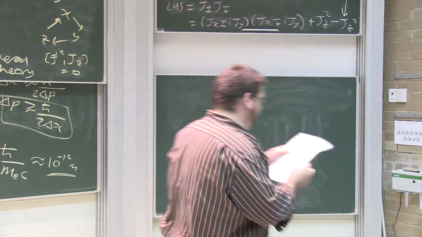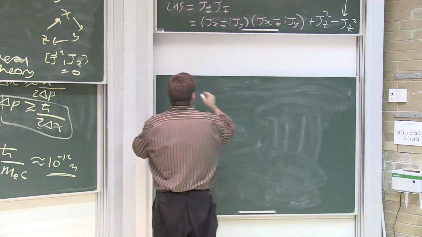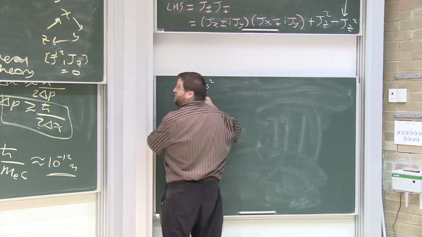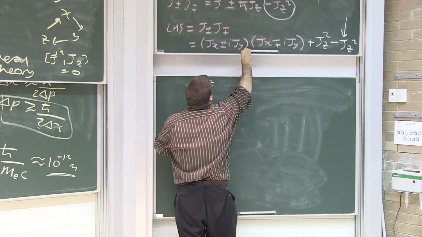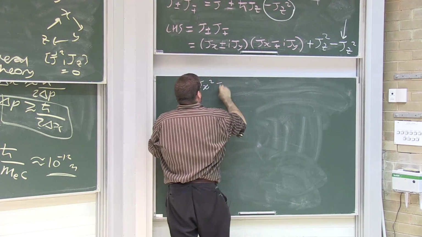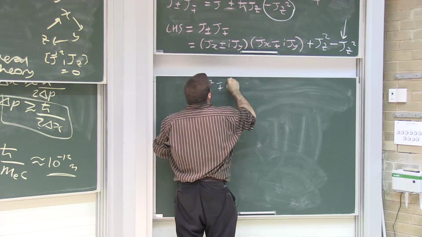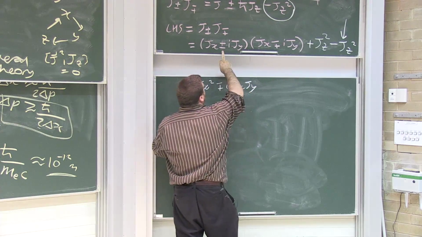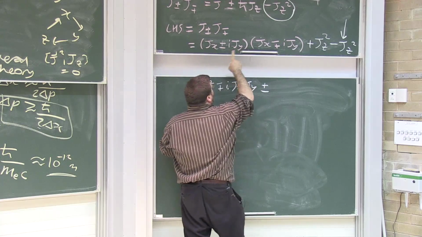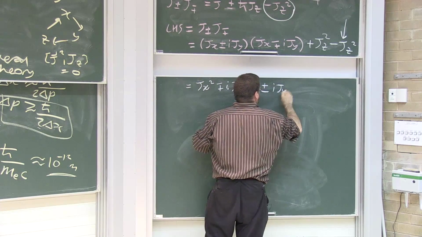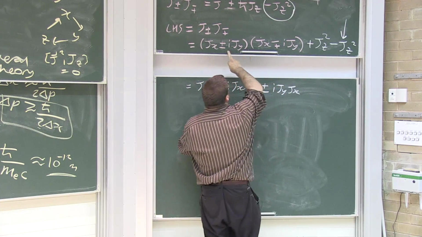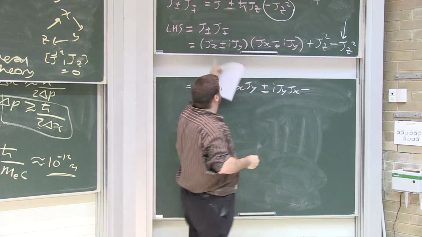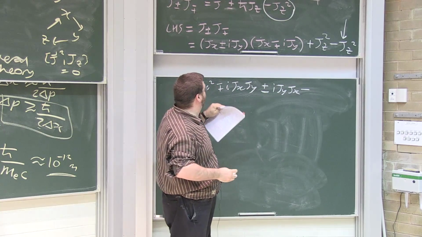And now we continue. I'll just expand the brackets. I'll get Jx squared minus or plus i Jx Jy, always keep the order correct, plus or minus i Jy Jx, plus or minus times minus or plus is a negative, because plus times minus is minus and minus times plus is minus.